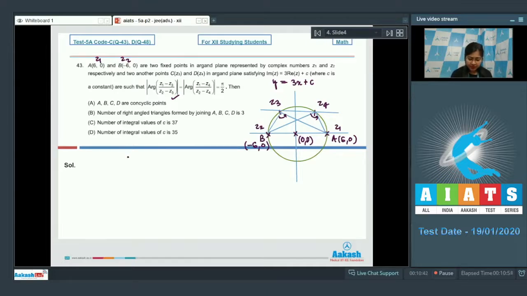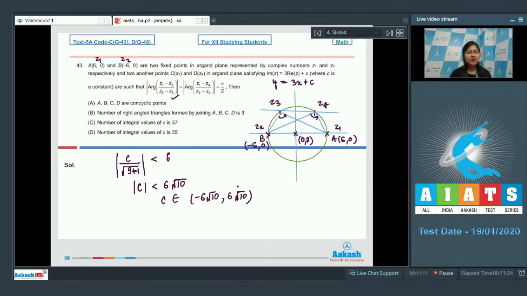We can say the modulus of c divided by under root of 9 plus 1 should be less than the radius of this circle, that is 6. So we can say mod c is less than 6 into root 10, that is c belongs from minus 6 root 10 up till 6 root 10.